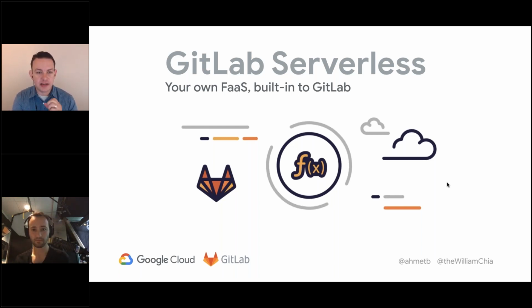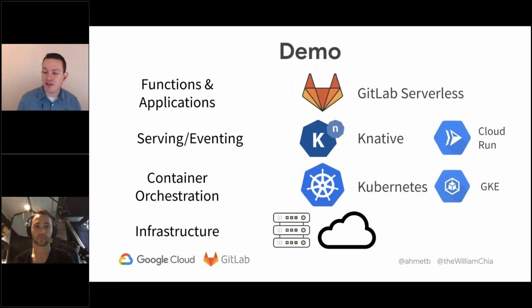So the advantage here is whether you are using vanilla Kubernetes that you have provisioned yourself and are running on your own on-premises infrastructure, whether you're using Kubernetes that you've built yourself and are running on cloud infrastructure, or maybe you're using a managed service like IBM or GKE that you've seen, wherever your Kubernetes cluster is, you can connect it to GitLab. And GitLab Serverless can actually deploy your code into that Kubernetes cluster, and using Knative will allow it to scale up and down as you've seen described. So what I would like to also show you is a demo of how that will work.